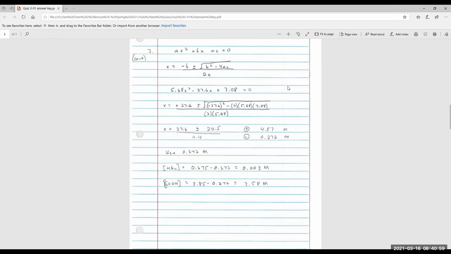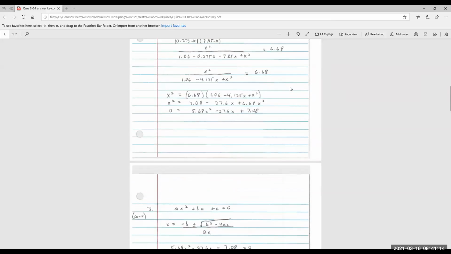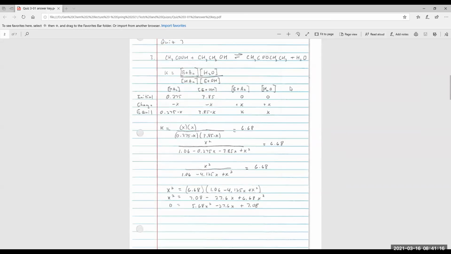I think some people kind of stopped at this point, but you weren't done yet, because what we wanted was the acetic acid concentration. So remember, the acetic acid concentration, as we said, started out at 0.275, but at equilibrium, which is what we wanted, it's 0.275 minus x.